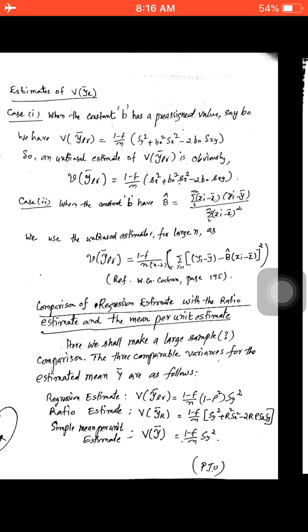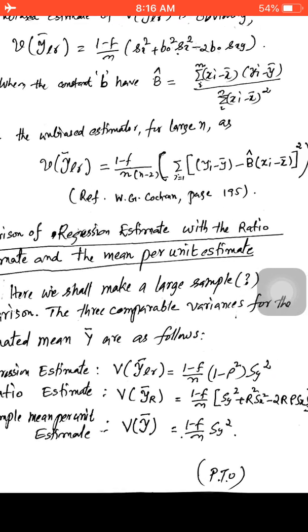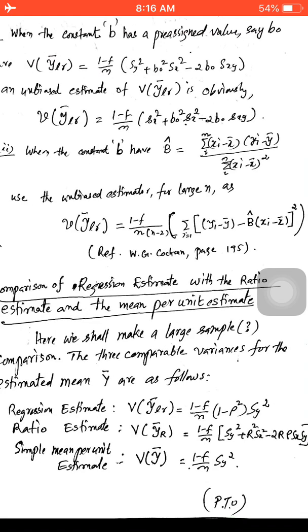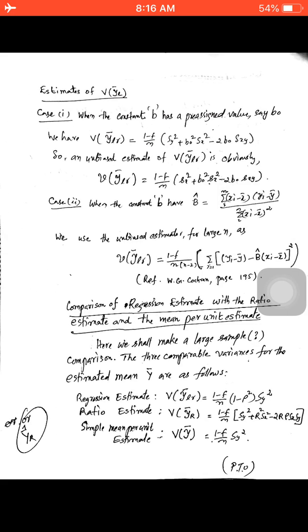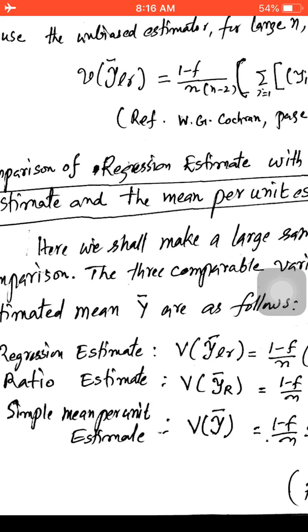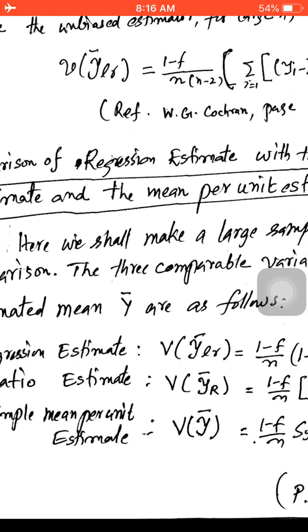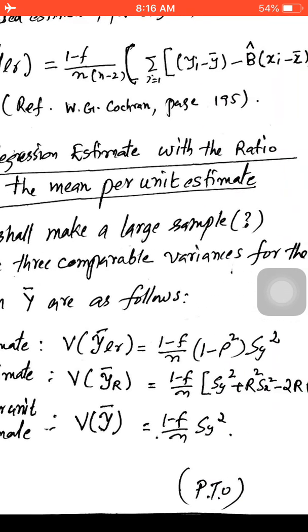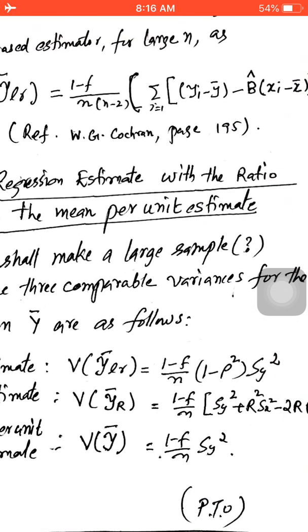And you know the expression for variances, the three variances are given. Okay, and from these expressions themselves you can see that the first one and the last one, that is variance of y bar LR and variance of y bar, differ only in terms of a constant 1 minus rho square, where rho is the correlation coefficient between x and y.